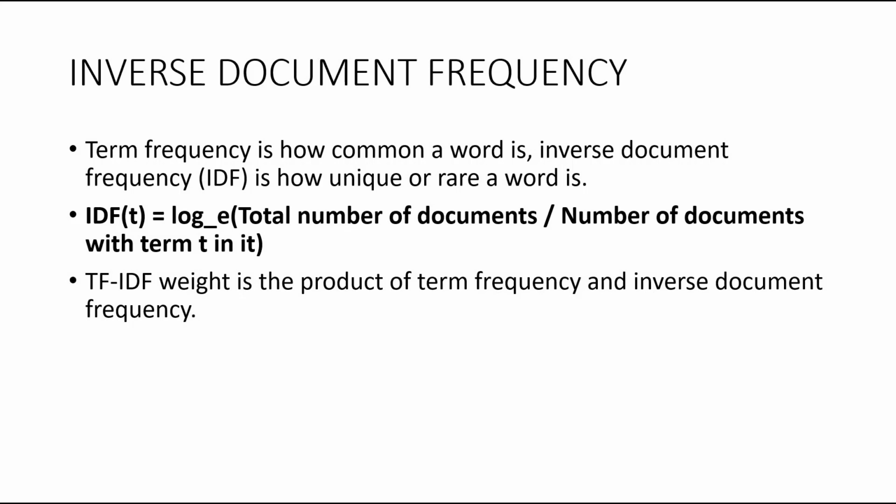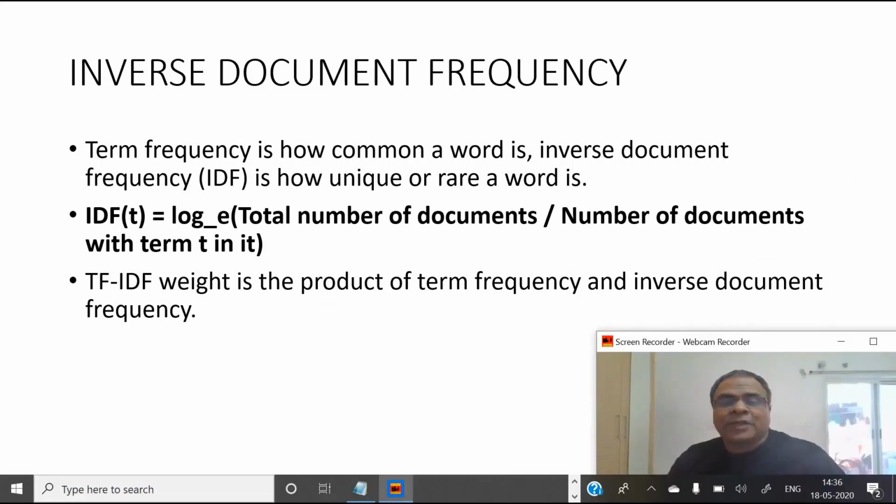Another important point, this is really important: the inverse document frequency. What is inverse document frequency? We already discussed that term frequency is how common a word is, how commonly the word appears in a document.